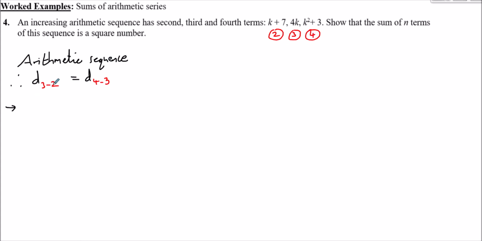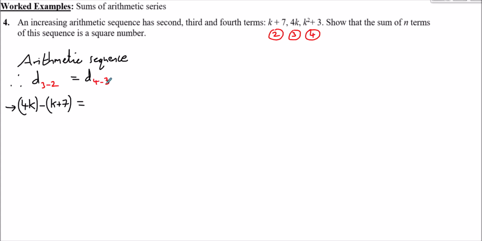So the difference between the third and the second term is going to be the third term, 4k, minus the second term, k plus 7.